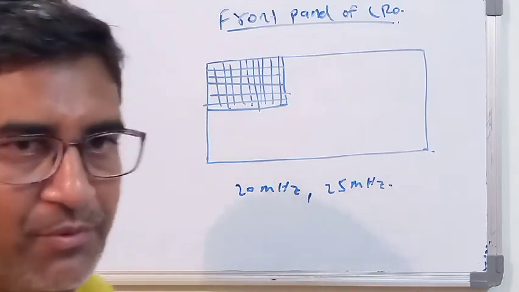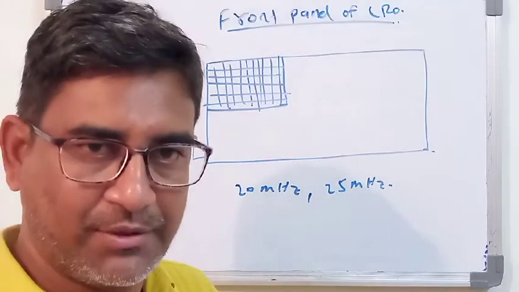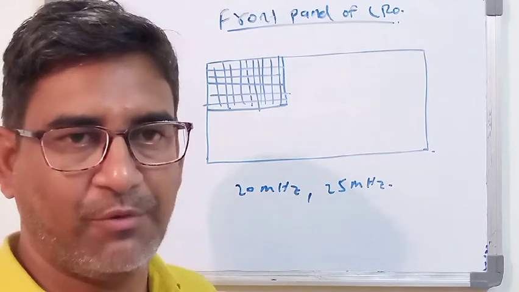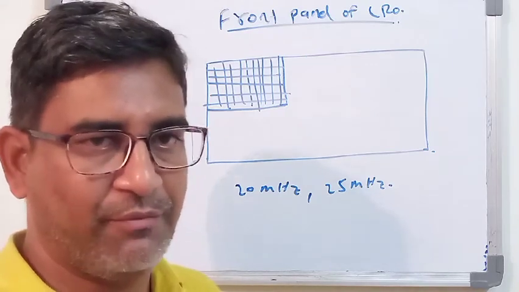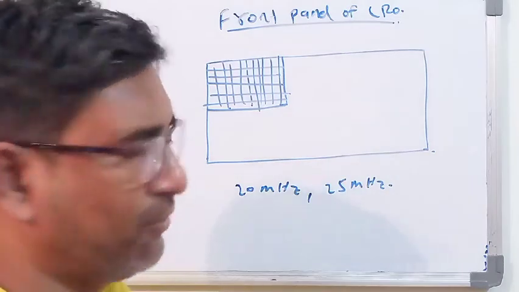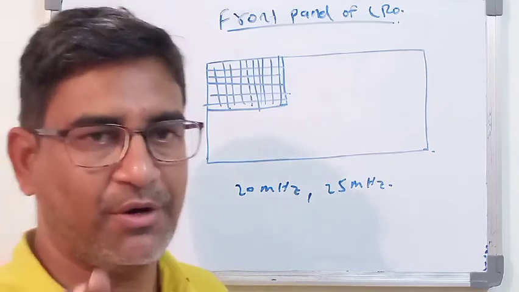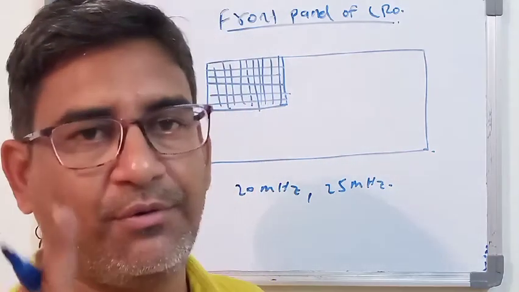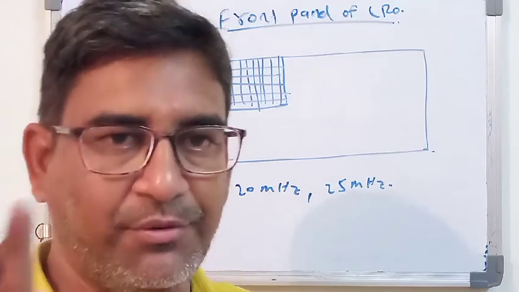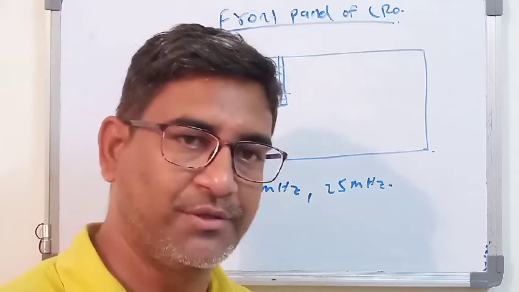Up to this we have seen. Generally, in our study we have seen these two CROs, and one CRO we observed is a single trace CRO, which is vertically placed. But this CRO is a dual trace CRO. Why is it called a dual trace CRO? Because in that CRO two volts per division buttons are present and two channels are present, and that's why you may say it is a dual CRO.